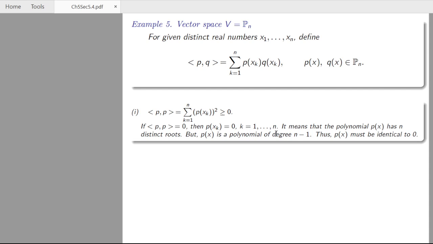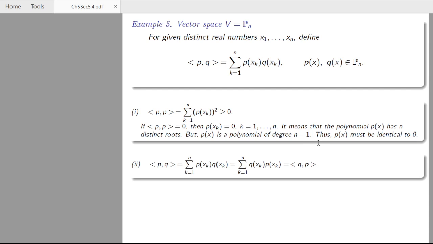So the only possibility is that p(x) must be identical to 0. In this way, we say the first property for the inner product is true.